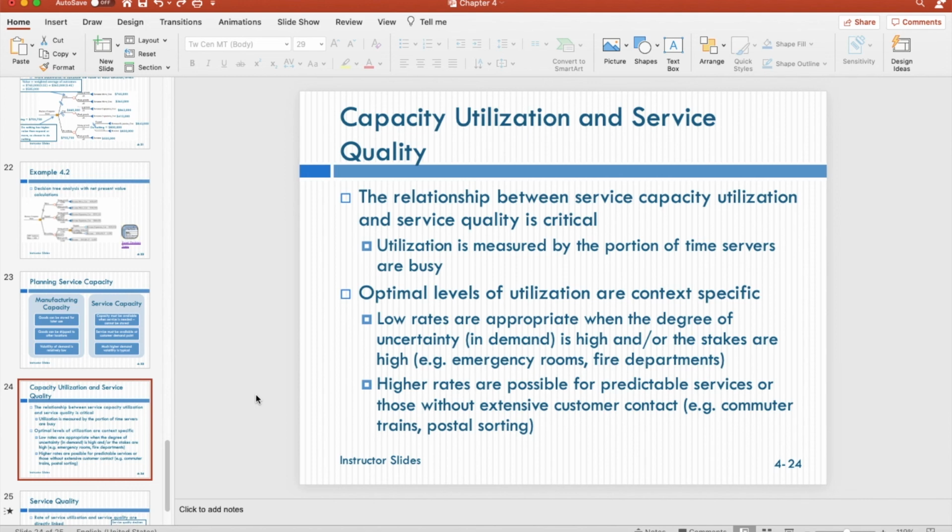But if we are talking about the capacity level under the service type of industry, then the relationship between service capacity utilization and service quality is more complex. The reason is quite simple. Let's say we are producing a product, and the machine is producing it in the whole procedure.